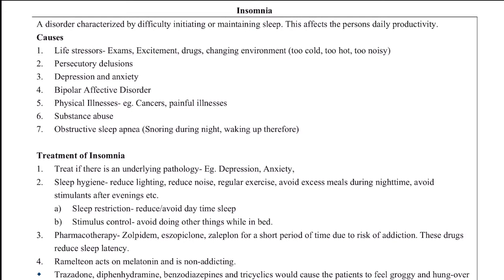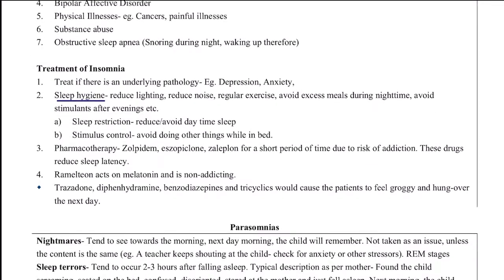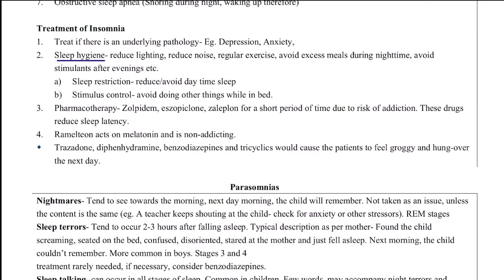And the treatment for insomnia, the first line treatment is sleep hygiene. Now, if there's some underlying cause, you need to treat that. But the first line treatment before we try any drugs is sleep hygiene.